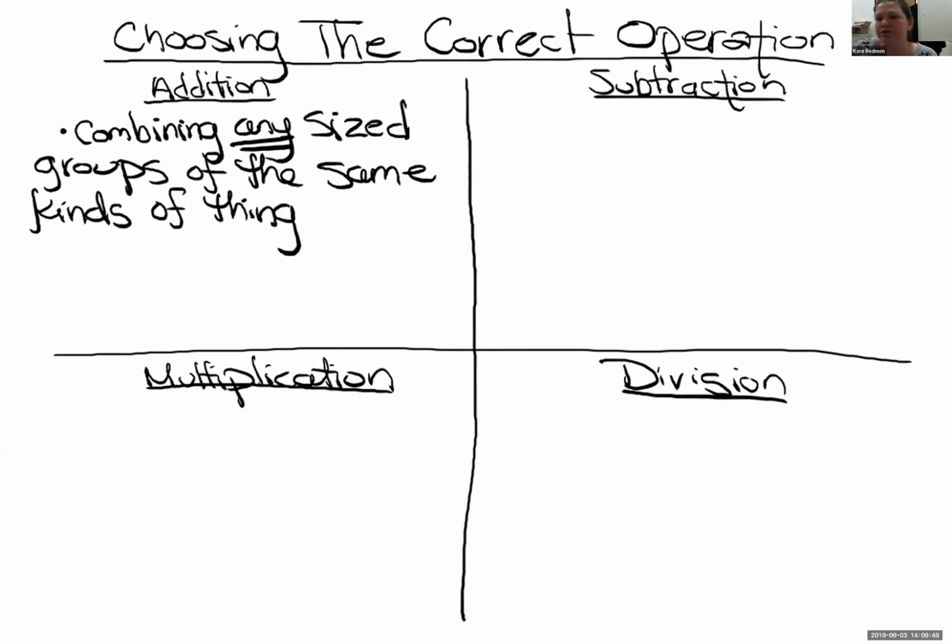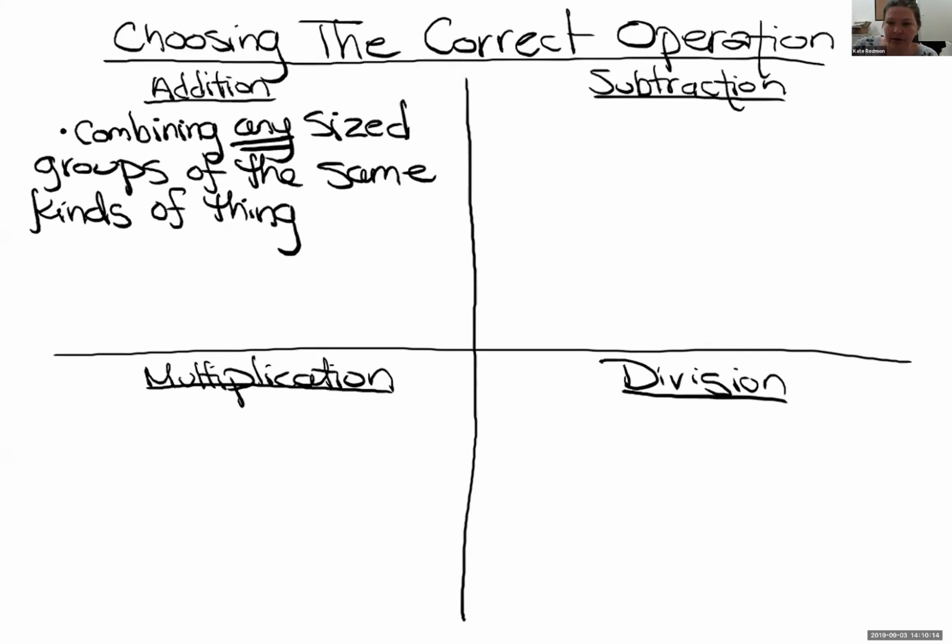And I just want to clarify, because both addition and multiplication can be seen as combining groups. You know, like your elementary school teacher told you when Johnny has 3 candies and Timmy has 2 candies, how many candies do they have all together? And we knew that we could add Timmy and Johnny's candies, any sized groups. But you know, things would change when everybody has the same number of candies, right?